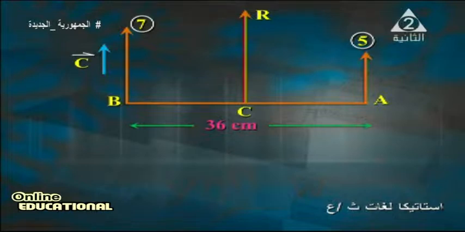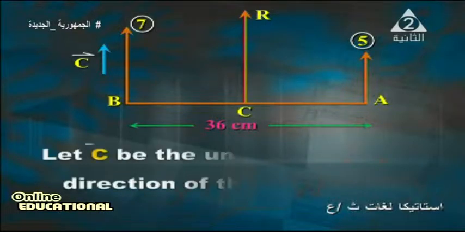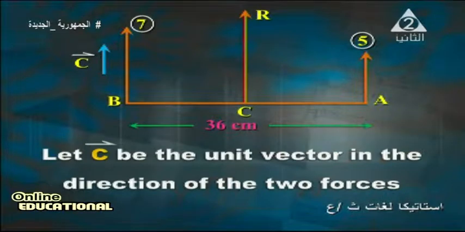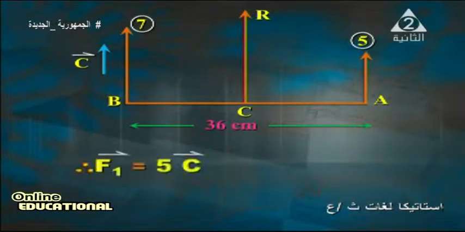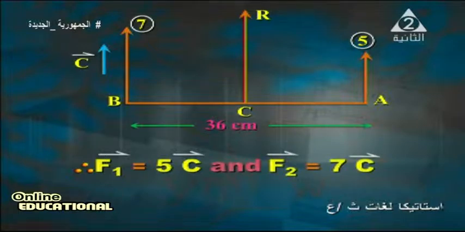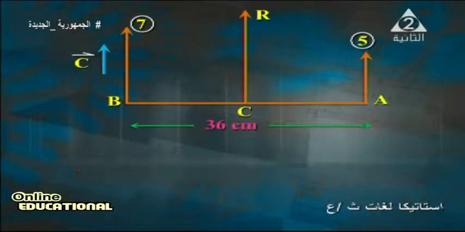What is required? Find the magnitude of R and the direction of R. Let C be the unit vector in the direction of the two forces. Therefore, we can represent F1 vector as 5C vector, and F2 vector as 7C vector.